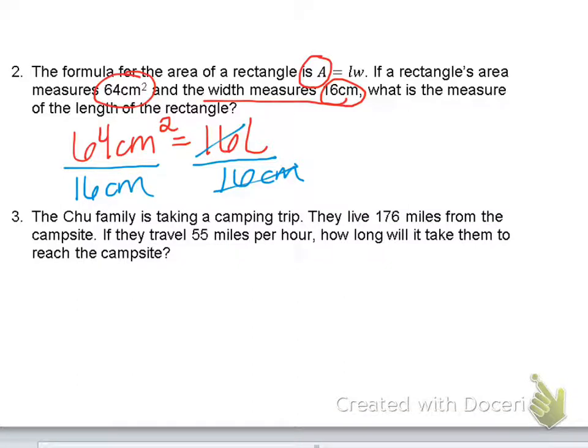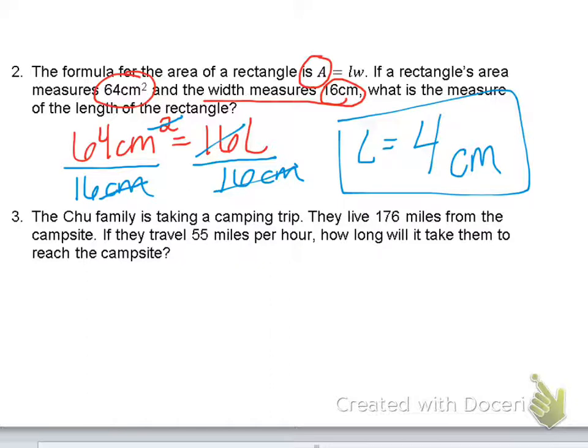That will cancel out, and we'll have L equals 64 divided by 16, which is 4, and one of these centimeters will cancel one of these centimeters, and we'll be left with 1 centimeter left. So the length is 4 centimeters.